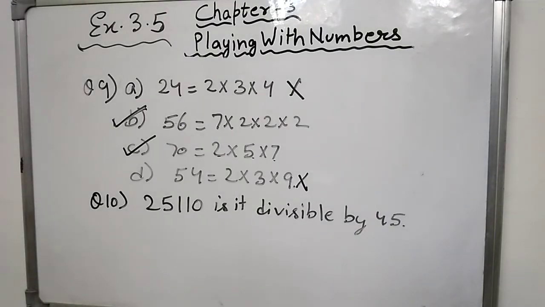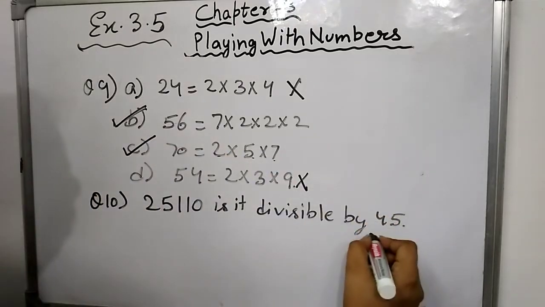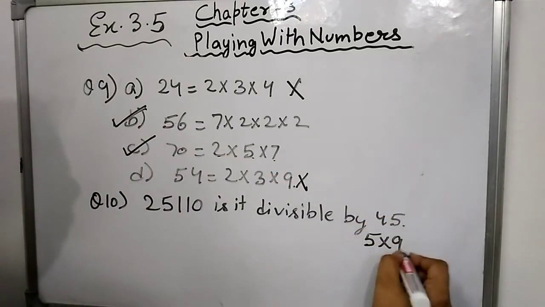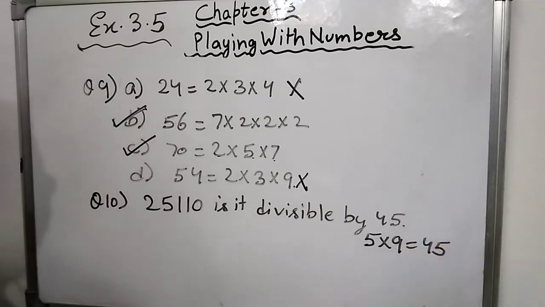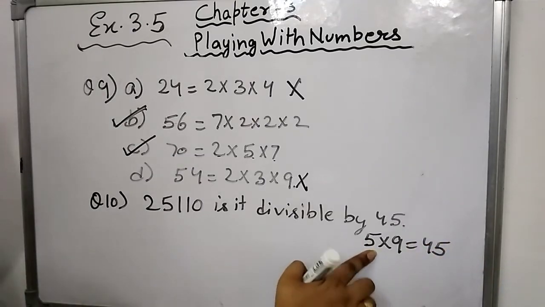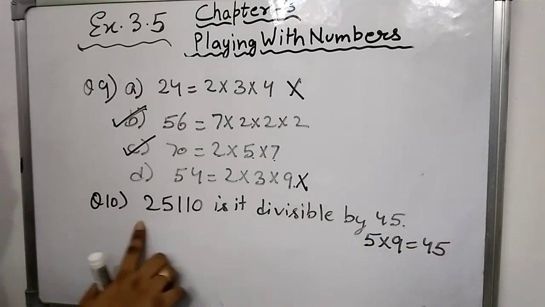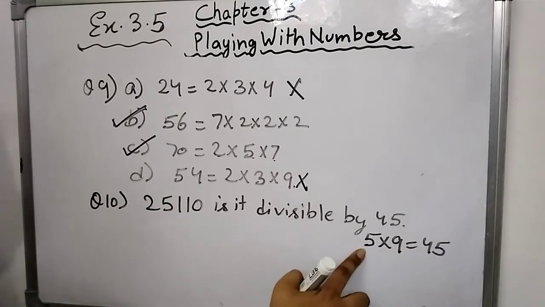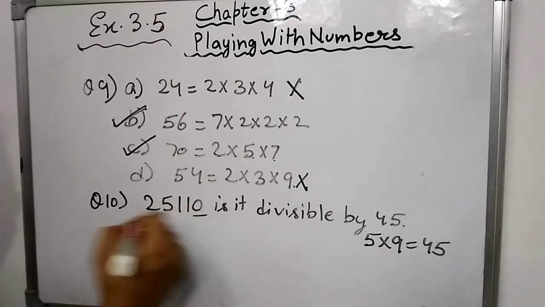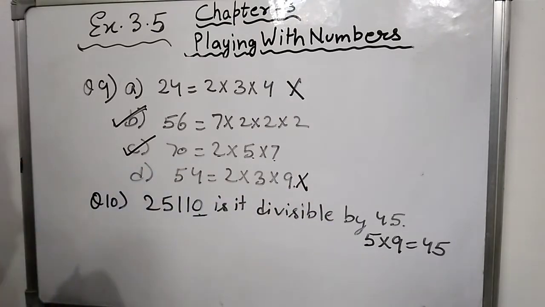Now for that we need to factorize 45 into factors which should be co-prime. 45 is a product of 5 and 9. Now let's see, is this number 25,110 divisible by 5? Yes, it has 0 at units place, so it is divisible by 5.